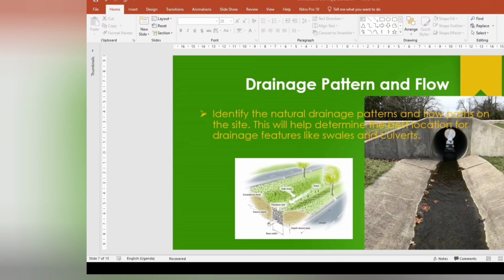You must come up with a maintenance plan. So one should develop a maintenance plan for the drainage system, including regular inspection of gutters, downspouts, and other components to ensure that they are functioning properly and they are free from debris or blockage.